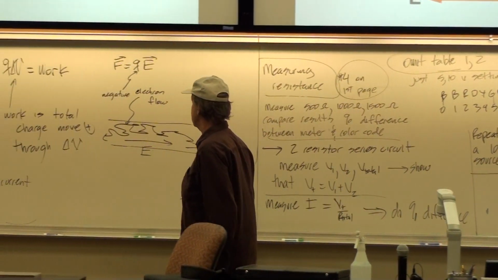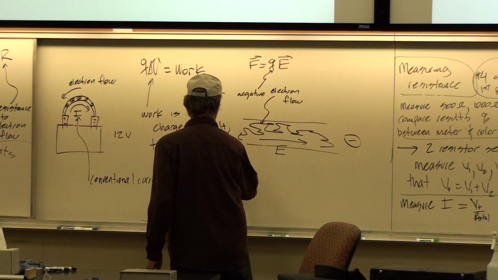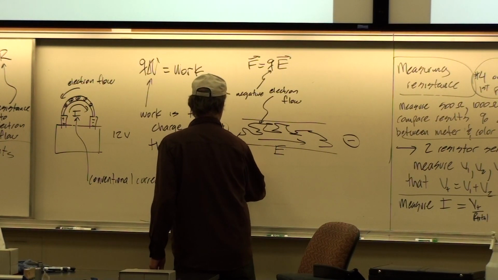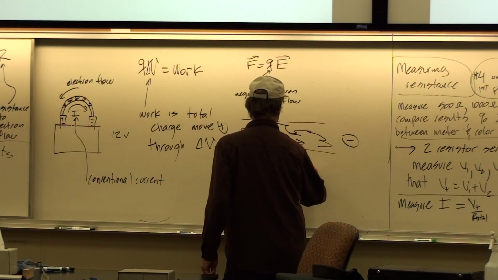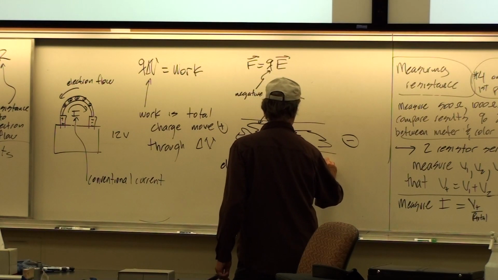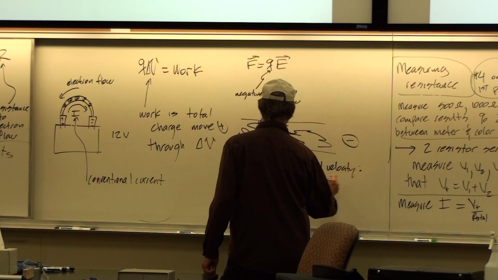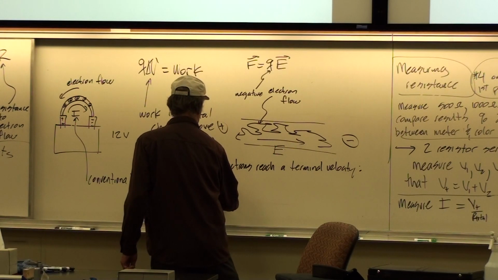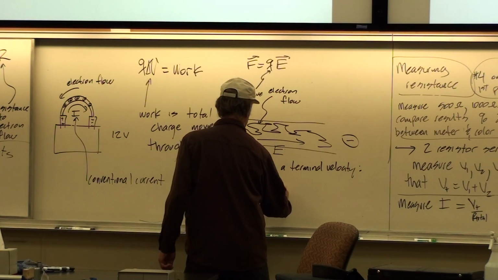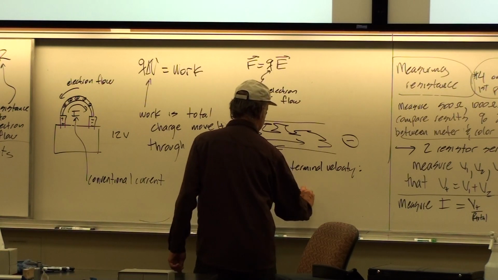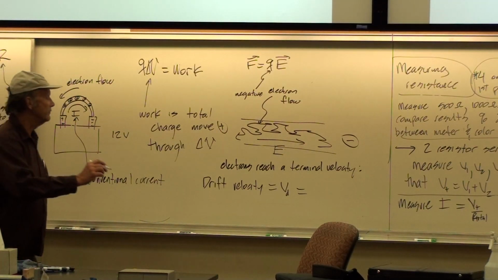So the electrons then don't speed up much, but they reach a terminal velocity. And we call that terminal velocity the drift velocity, which is Vd. And so that's just our average velocity of electron flow through the wire.